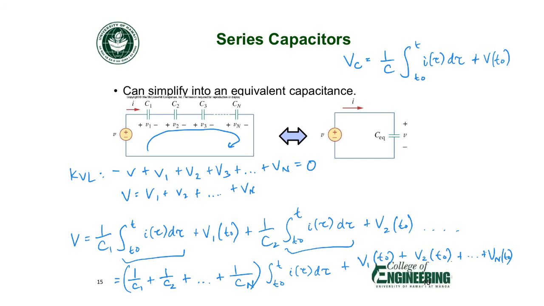If I want to know that voltage V, this part here, within the parentheses, is going to tell me 1 over CEQ.